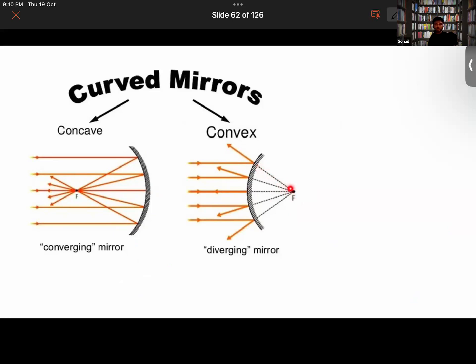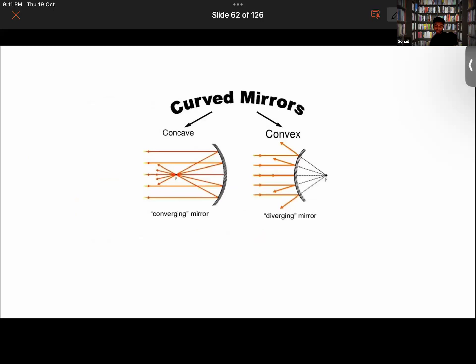Especially in the case of convex mirrors, the light rays are diverging in different directions, thereby the convex mirror is also called a diverging mirror. But when I draw the pathway of the reflected light rays further, it appears to meet at a point, and it appears to have passed from the convex mirror.